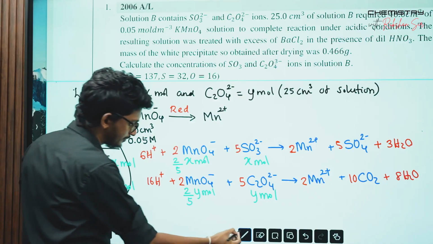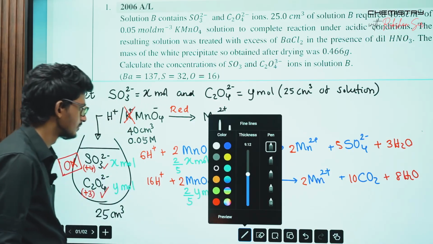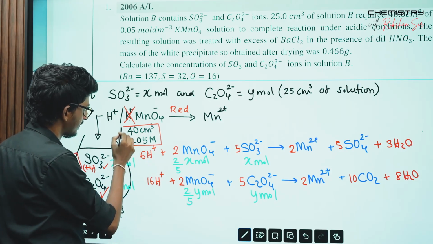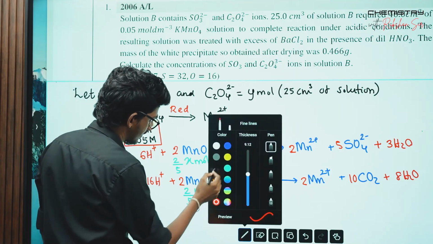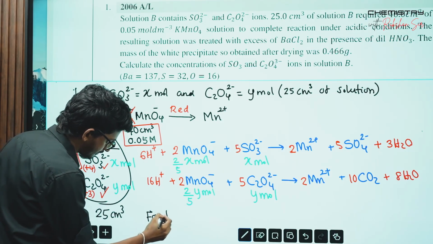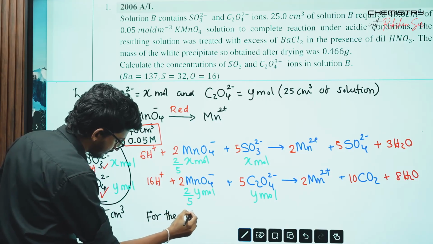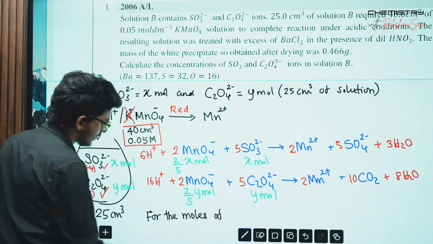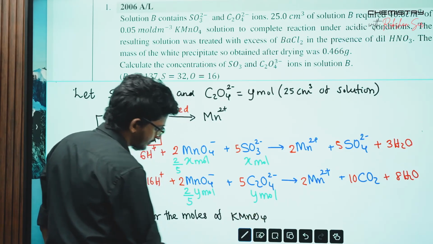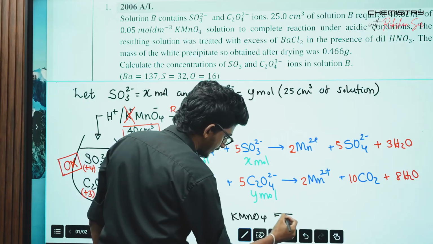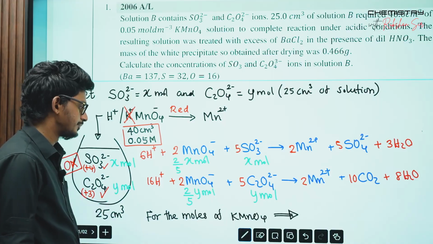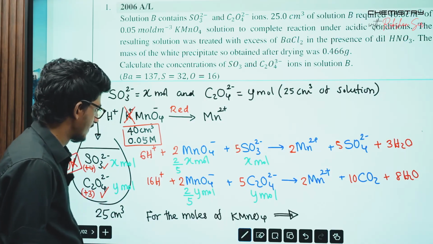So let's write for the moles of KMnO4. For that we are writing the simultaneous equation here.